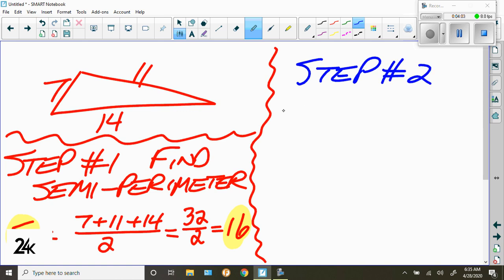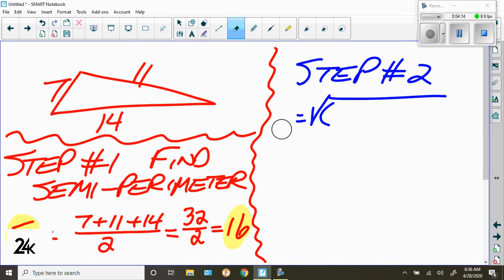Find the area. The area is found by using this equation. I'll write the word area. A-R-E-A. Look at all those vowels. Okay, so here's what you do for area.